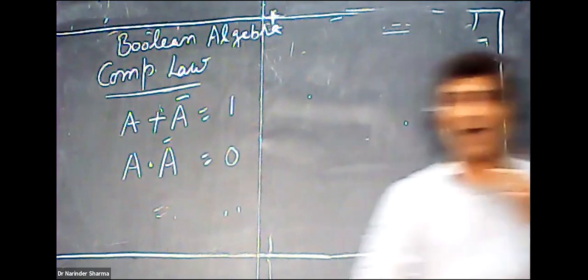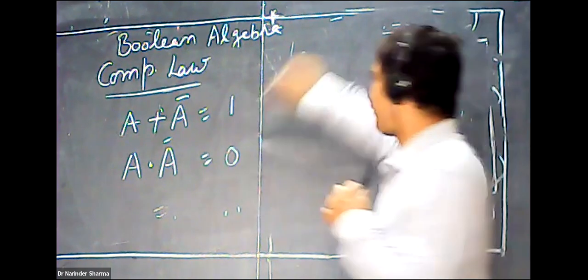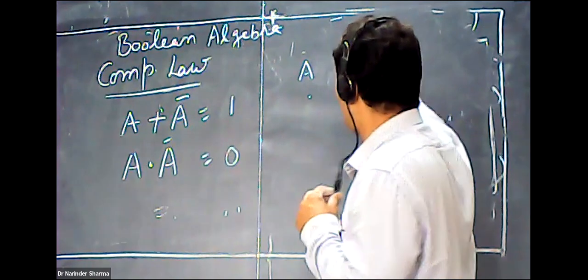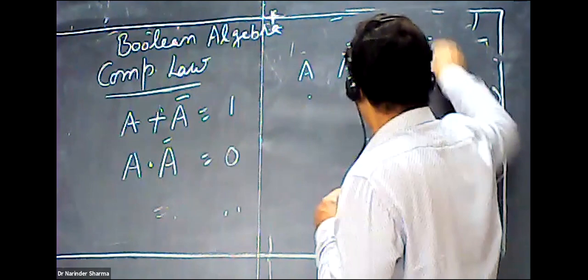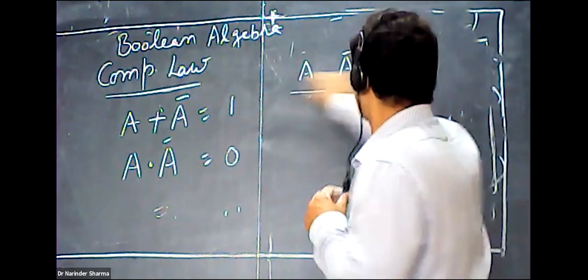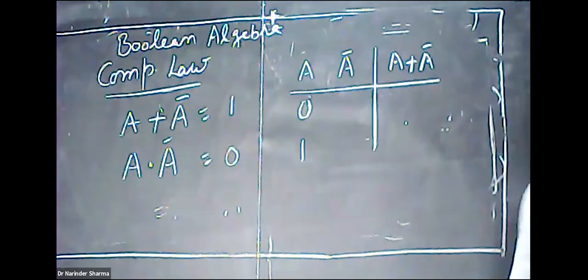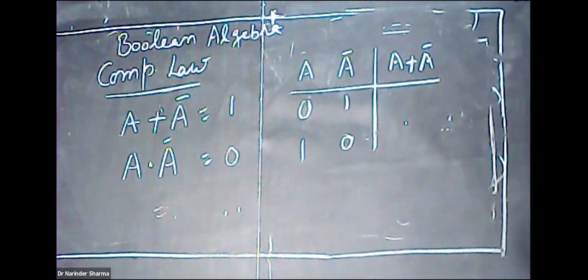This you can prove by the truth table method. Just for the first identity, let us say A, and this would be A bar. The next is A plus A bar. If I write A as 0 and 1, then A bar would be 1 and 0.